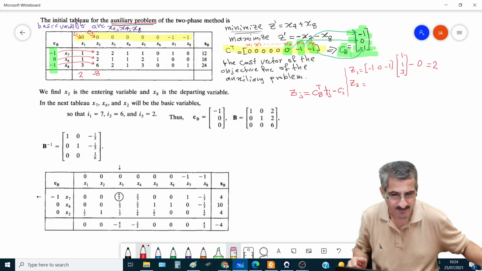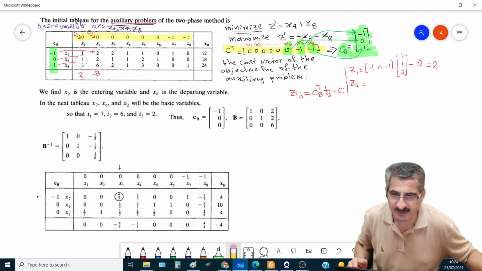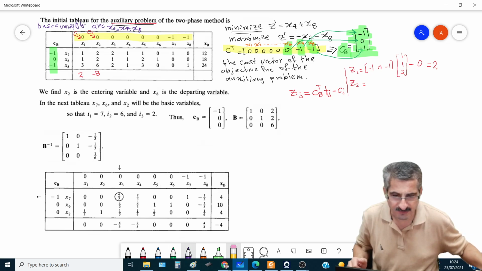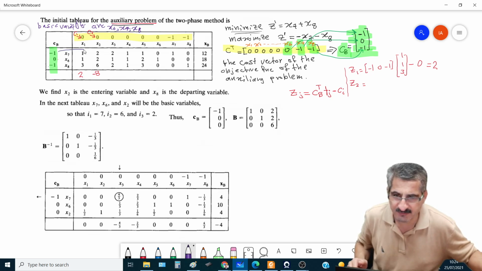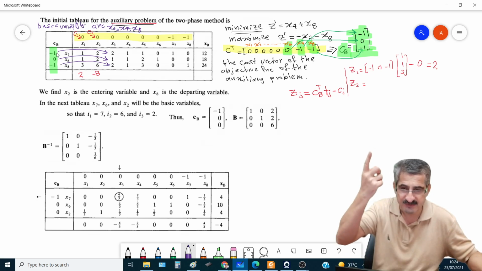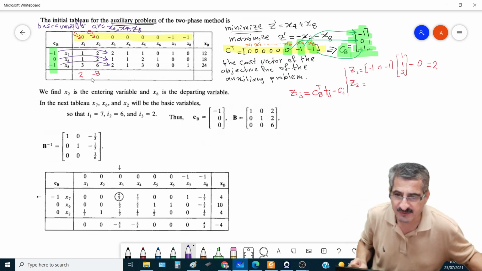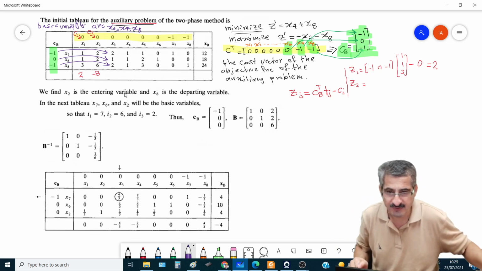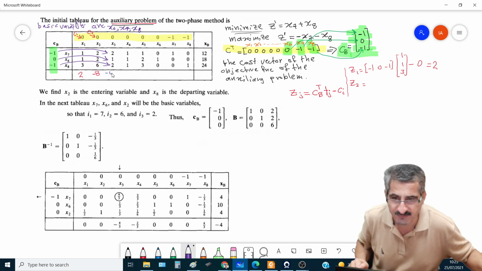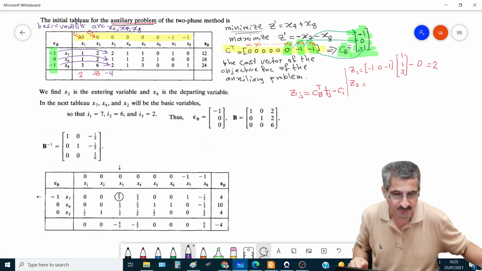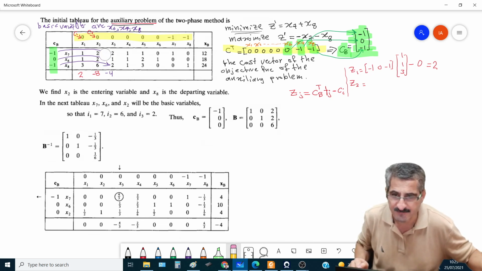Okay. Now how do I get the entry after that? I multiply -1 by 2, 0 by 1, -1 by 2, add them and subtract C3 from above there. So I get -2 and -2, -4. So in here I will have -4.